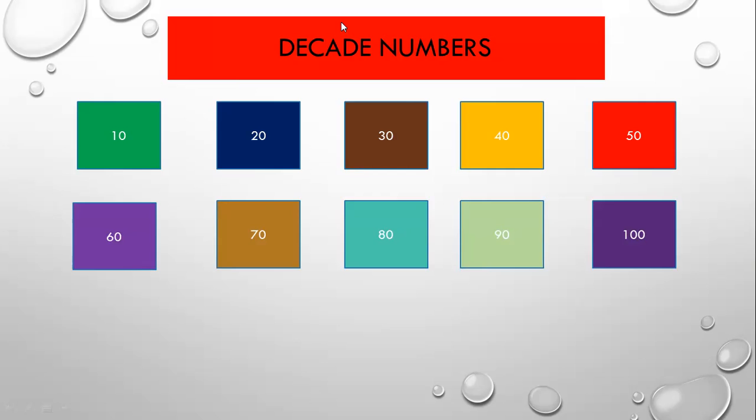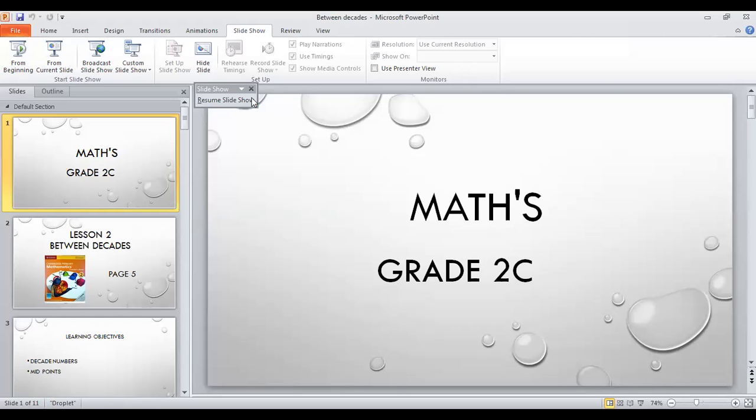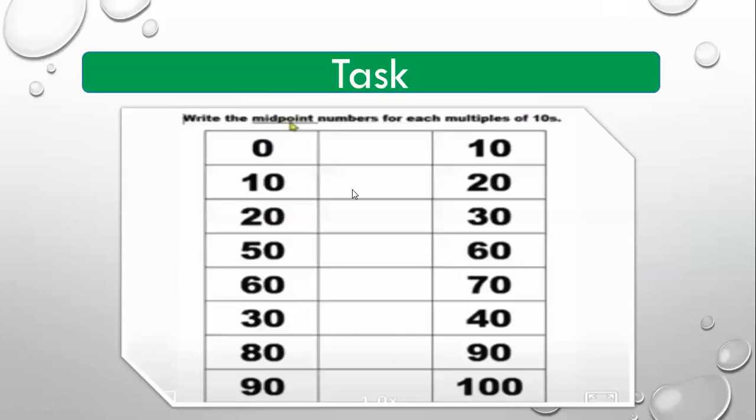Okay, moving on. This is your task that you are going to solve now. Write the midpoint numbers for each multiple of 10. First of all, from 0 to 10, what will be the midpoint? You are going to write it in the middle.